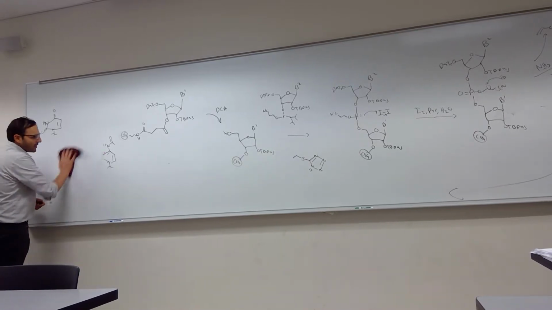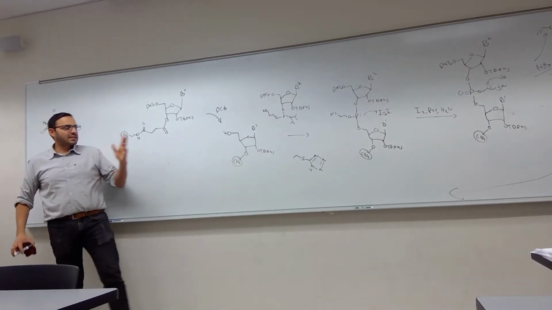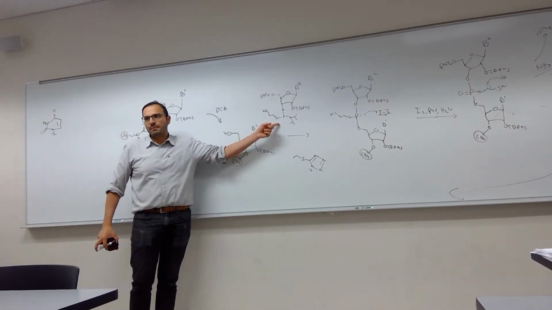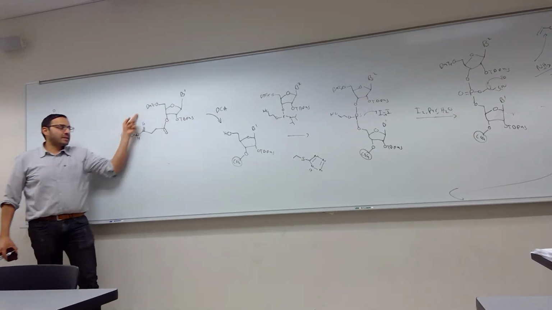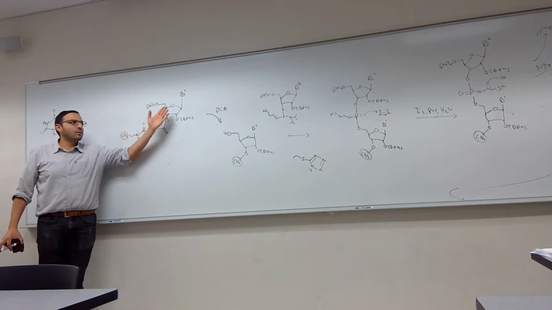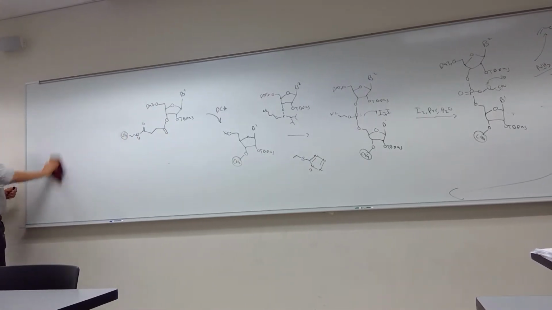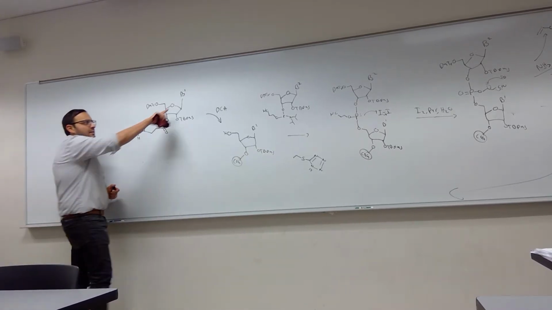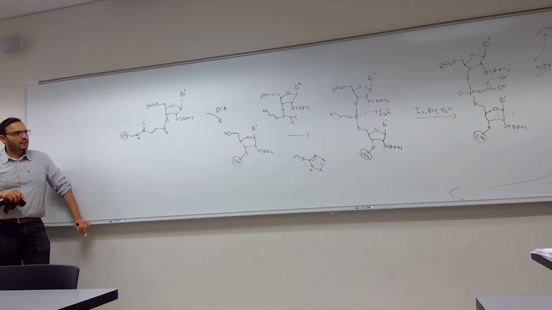Alright, so how do we synthesize? In this particular case, the two main things are the synthesis of your phosphoramidite, and then in some cases, the synthesis of your resin if you have a modification. If they're canonical nucleobases, you can buy them. It's cheaper to just buy them.